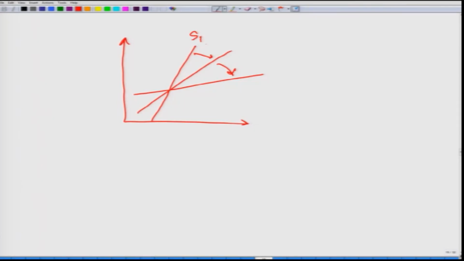Say this is my S1, S2 and S3, with quantity on one axis and price on the other. With the given price there was inelasticity in S1, and when time increases it becomes elastic and moves towards a flatter curve, and hence the supply curve is flatter in the long run as compared to the short run.